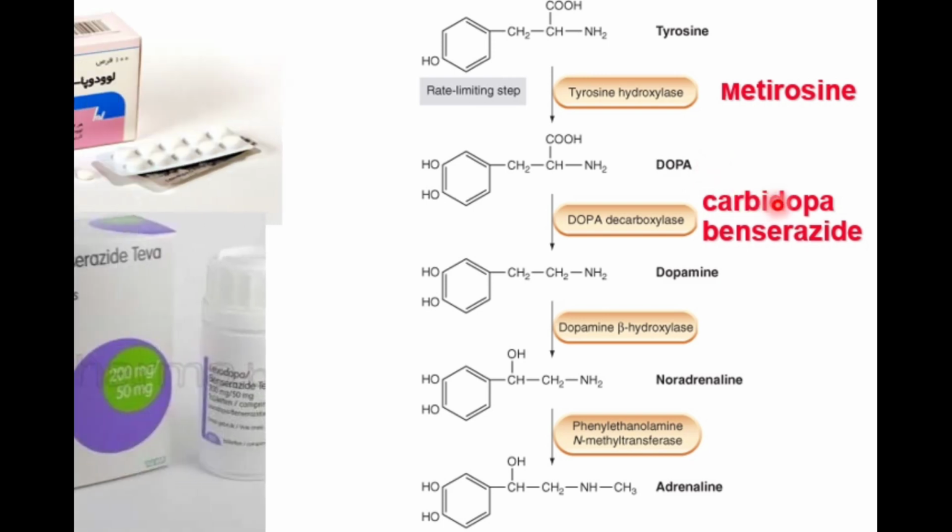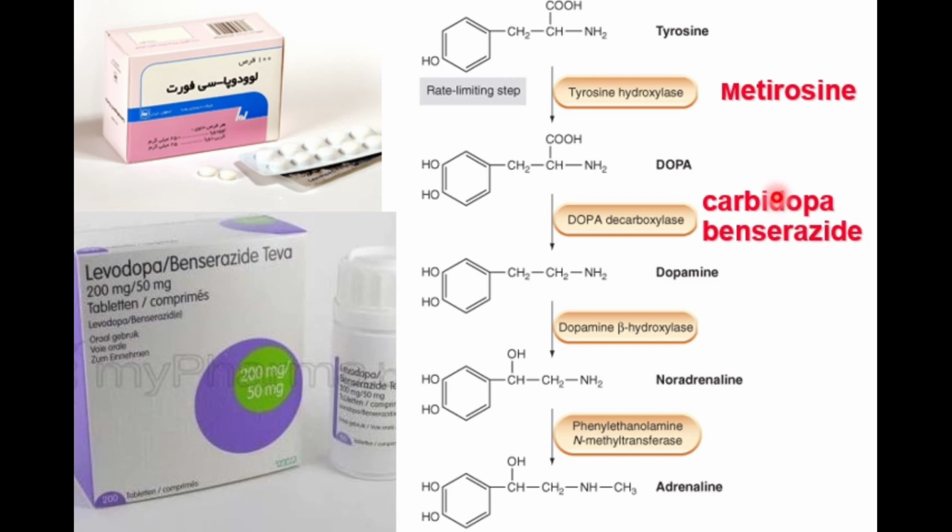Combination of levodopa with carbidopa or benserazide significantly reduces the dosage of levodopa needed in Parkinson's disease, and therefore the peripheral adverse effects of levodopa are reduced.